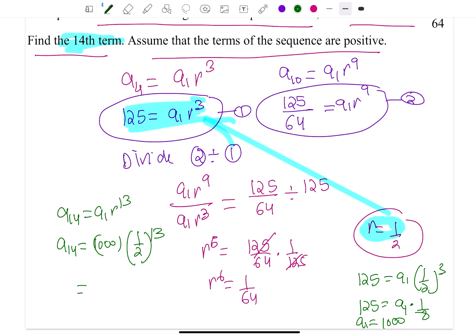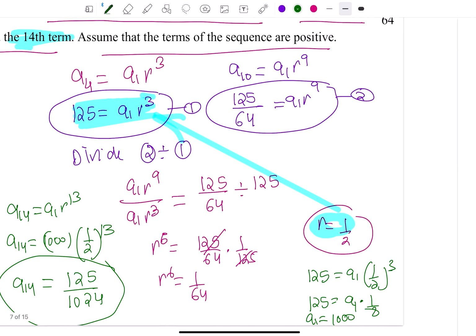So we can simplify using the calculator. 1,000 times 1/2 raised to the power 13. And that turns out to be, when we simplify using the calculator, 125 divided by 1024. So that's going to be our 14th term of this sequence.